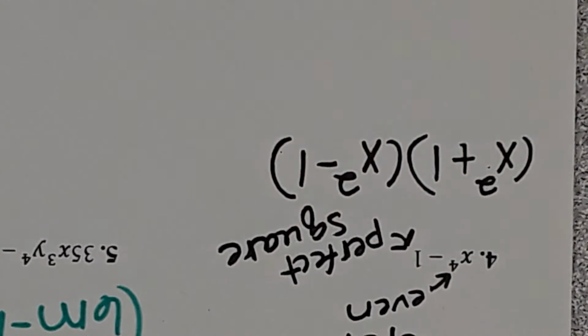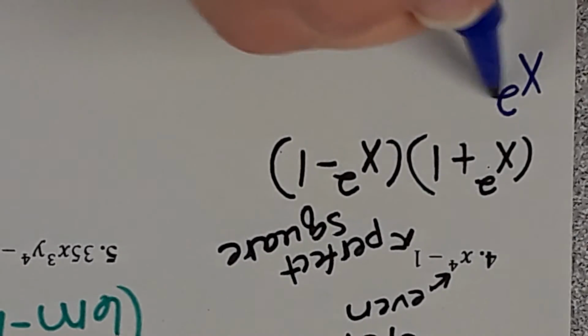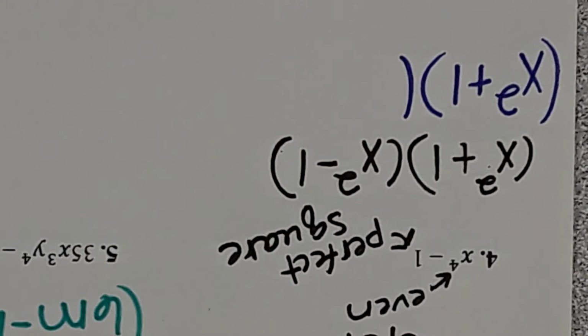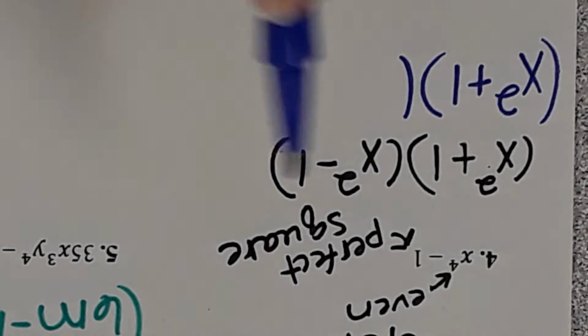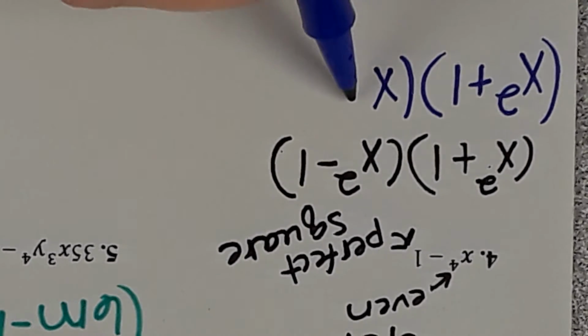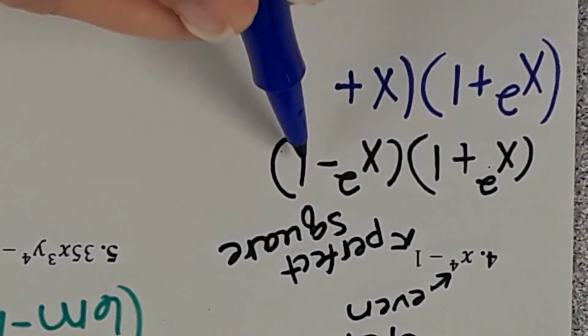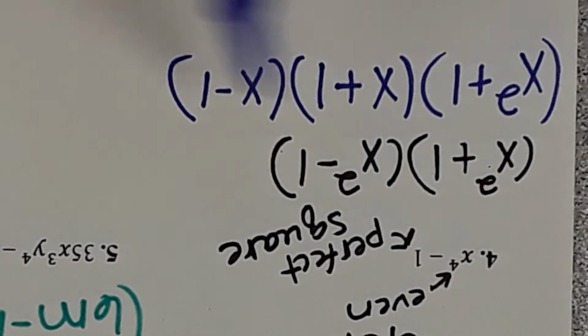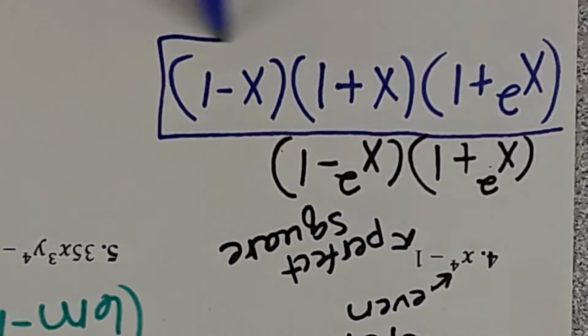We're going to leave x squared plus 1, and then we're going to factor x squared minus 1. It's called a difference of squares. Half of 2 is 1, so I'm going to have an x plus, what's the square root of 1? 1, and then an x minus 1, and that's my final answer.